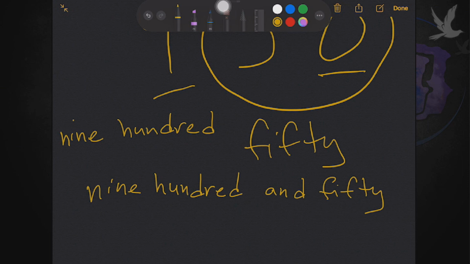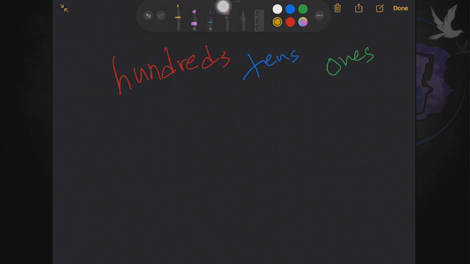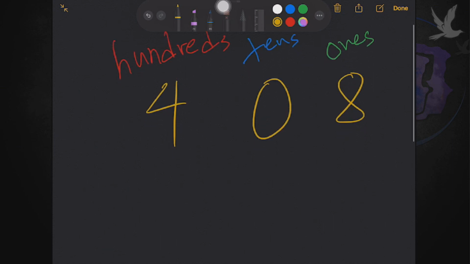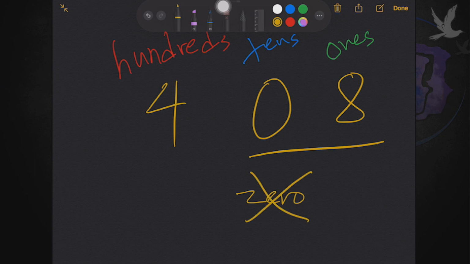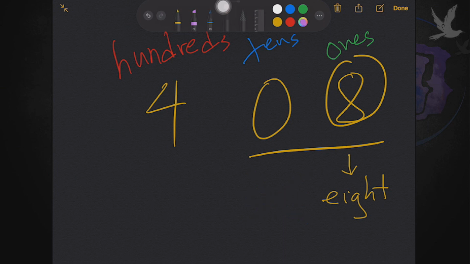Okay, let's try to get another example. Let's try 408. Looking at our best friends, no tens, which means you don't say zero. You just read what is given there. So in this case, all you have to do is just write eight. No zero.